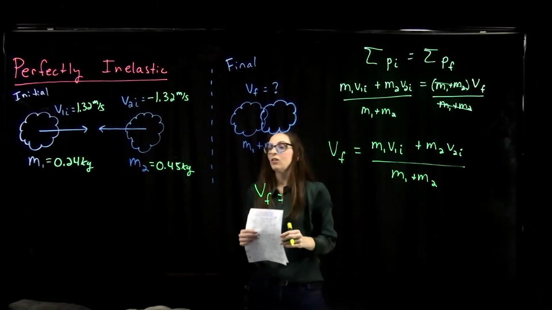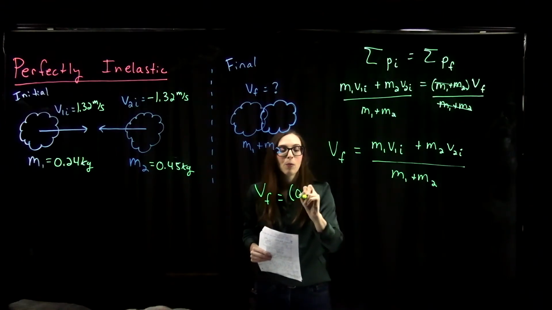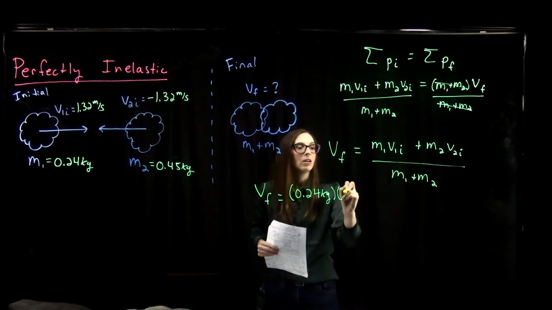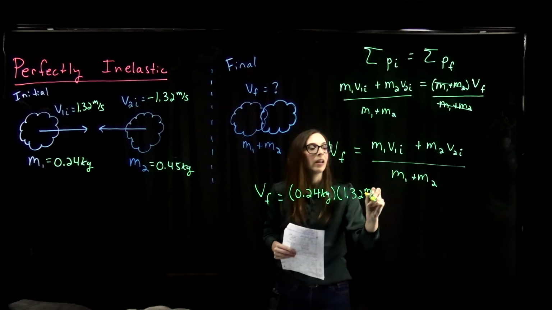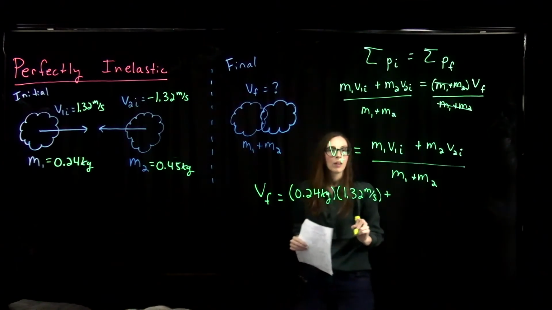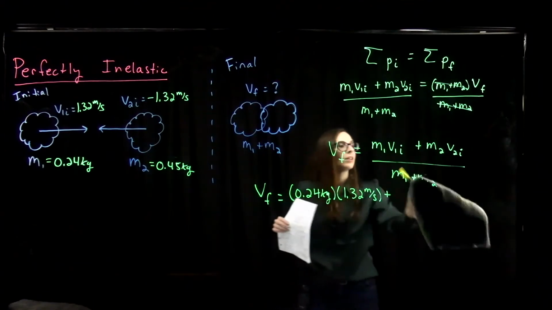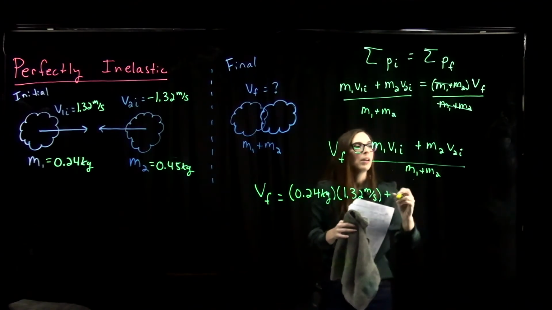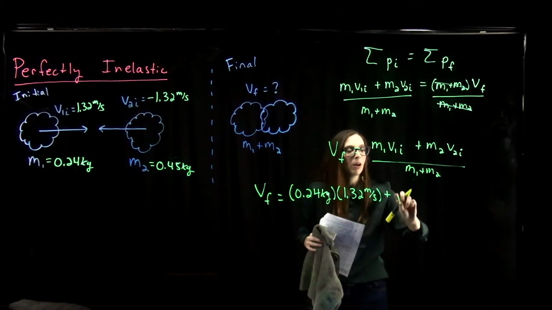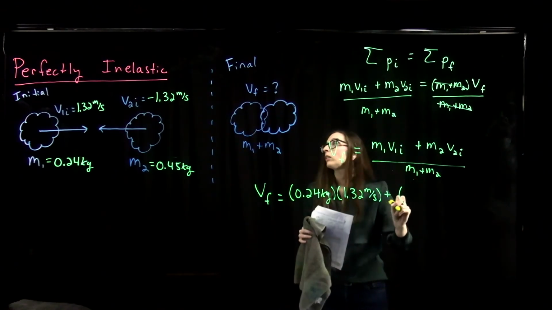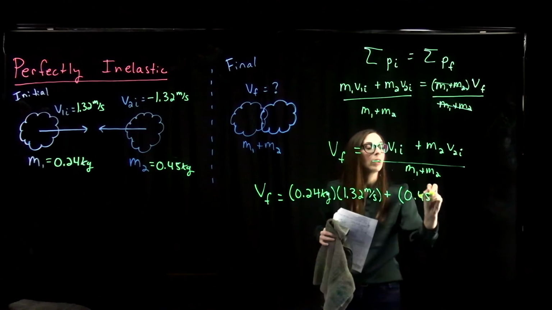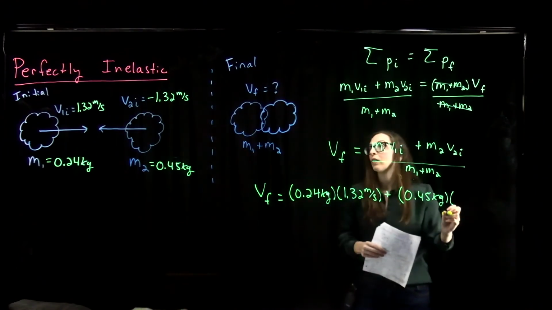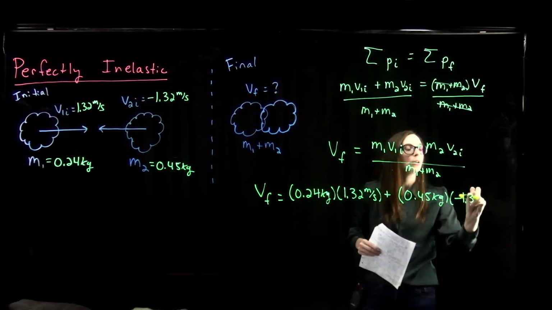So the mass of my first clay ball was 0.24 kilograms times its velocity, 1.32 meters per second, plus the mass of my second ball, which is 0.45 kilograms, times the velocity of my second ball before the collision, which was minus 1.32 meters per second.